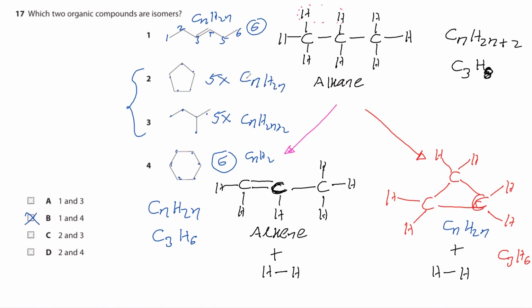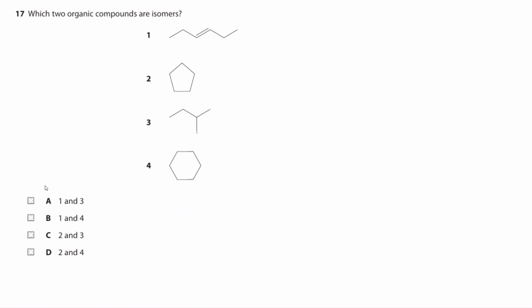Therefore, they don't have the same number of hydrogen atoms, so we cannot say 2 and 3 are isomers. Isomers are molecules with the same molecular formula but different structural or displayed formula.